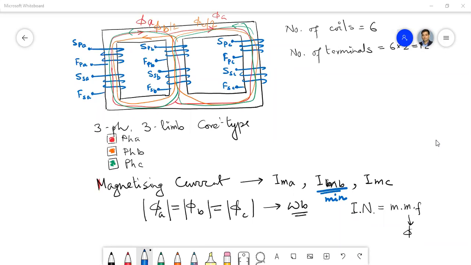It may be a single phase transformer, a three phase transformer, a DC machine, or a three phase induction motor; in any machine there is a complete magnetic circuit, and you have to understand the magnetic circuit first, not only the electrical circuit.